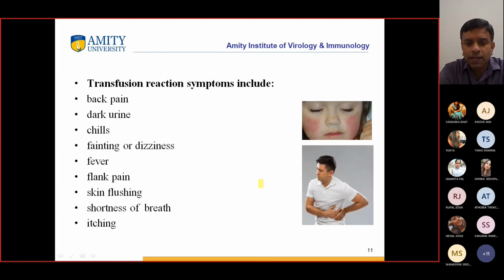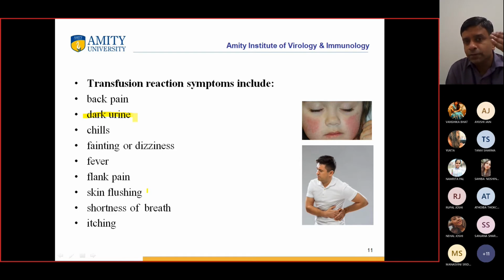Okay, so now transfusion reactions include things like back pain. Okay, a very important thing is dark urine. Students, I'm sure when there is, suppose, a patient who had an accident and is in a coma, we insert catheters, right, and we collect their urine, right?